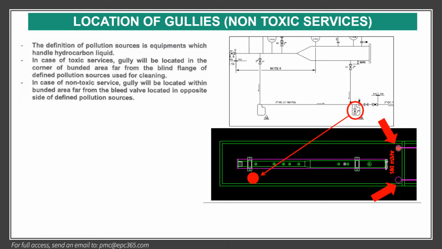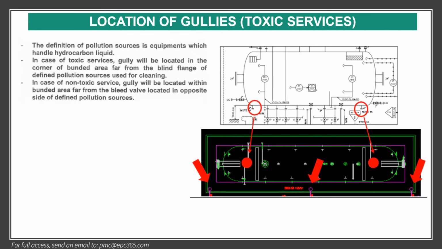So here are the gullies, and if you see, it should be here. This is for the pig launcher receivers. This is the door, and indeed this is the place of the gully, but this area and this valve are far from this area.